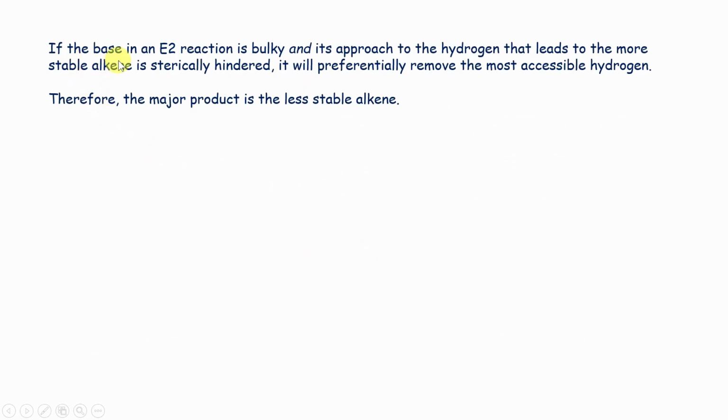See, if the base in an E2 reaction is bulky and its approach to the beta hydrogen that leads to the more stable alkene is sterically hindered, it will preferentially remove the most accessible hydrogen. Therefore, the major product is the less stable alkene.